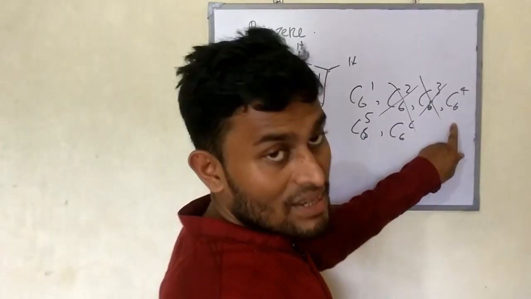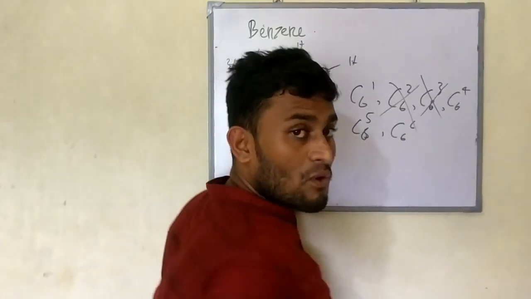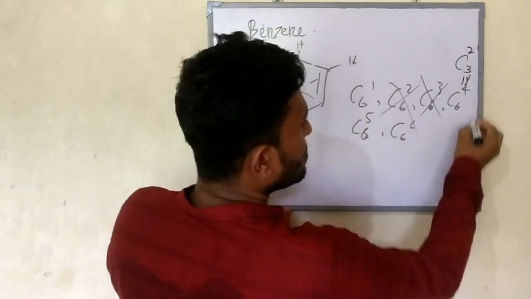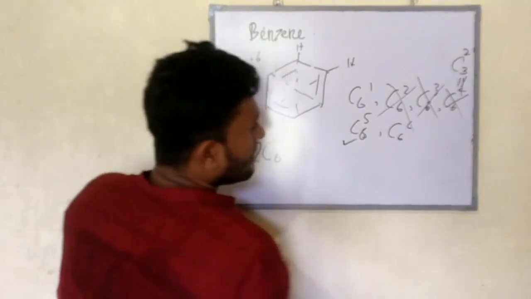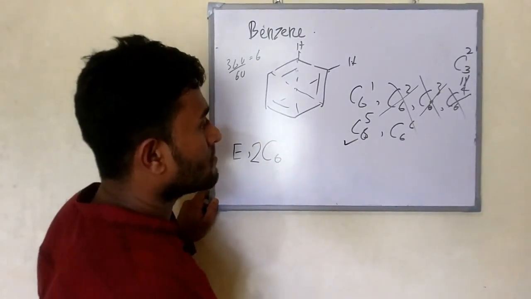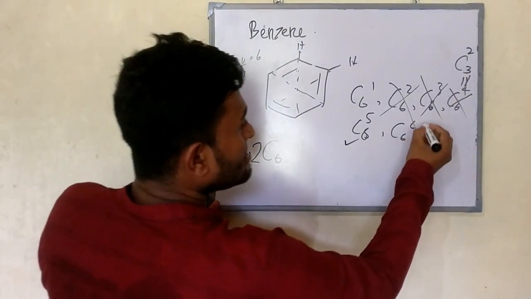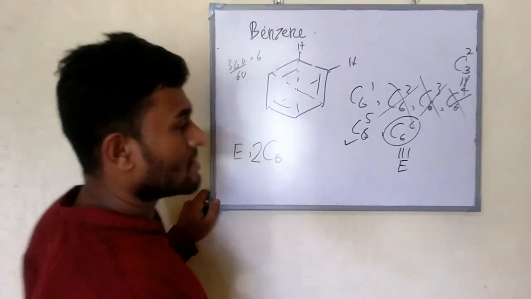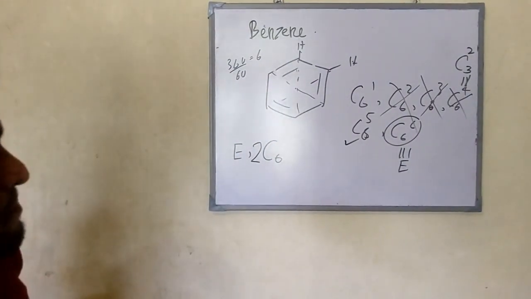Then 60 into 4 means 240. 240 means that is C3^2. So you can't write this one also. But you can write C6^5. That is 300 degrees. C6^6 means that is the identity. So these are the two C6s.